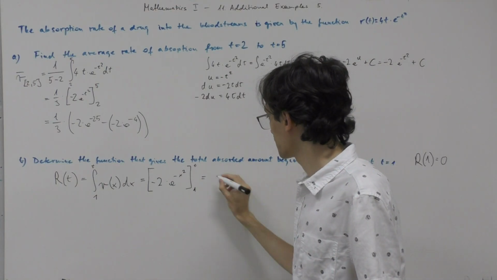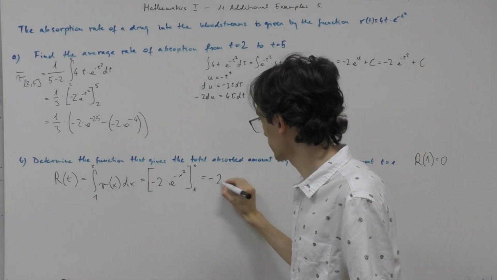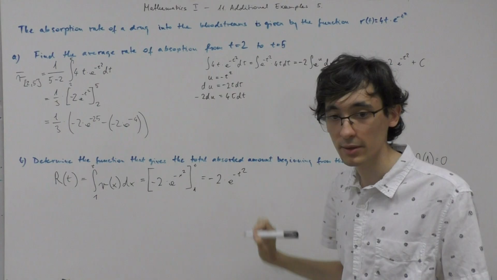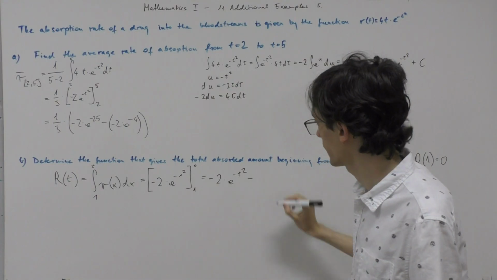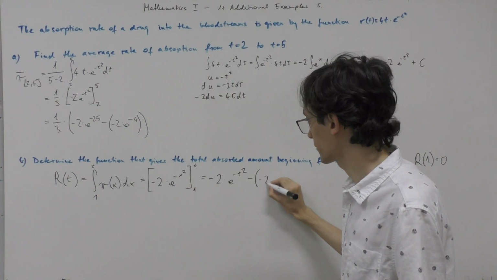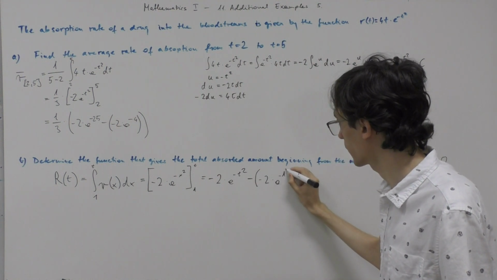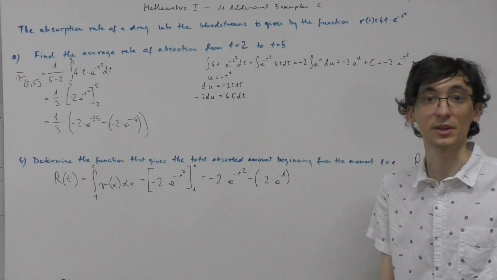And so we have negative 2 times e to the negative t squared minus negative 2 times e to the negative 1. And now we are done with the exercise.